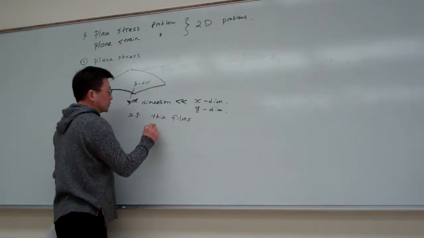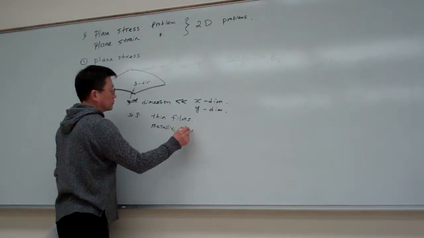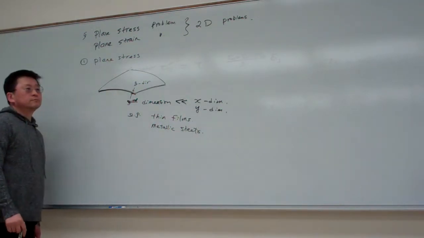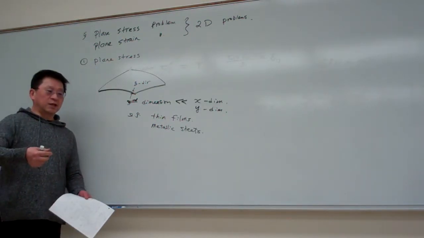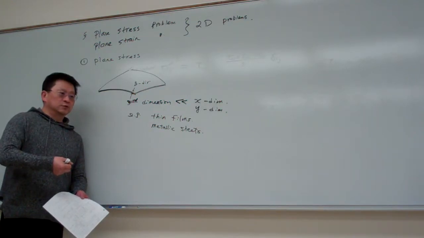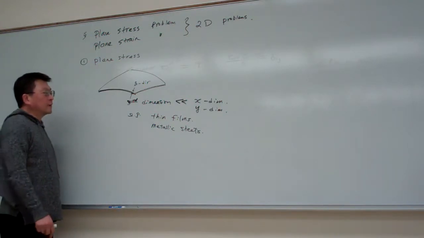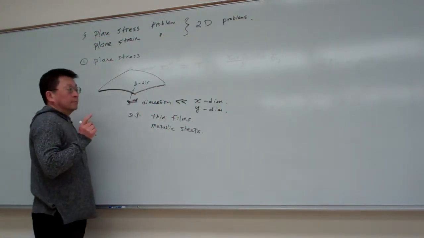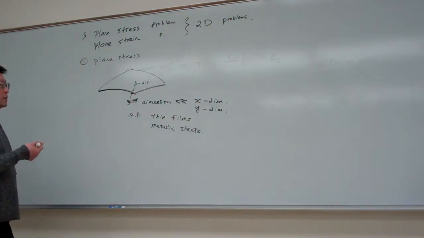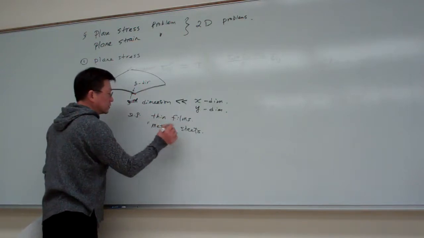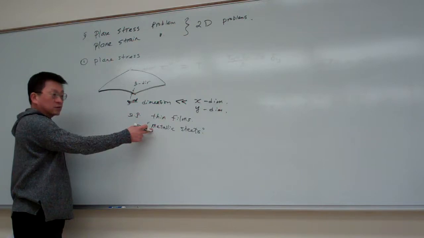And metal sheet, metallic sheet. Sometimes people have the metal sheet, then they punch it into an existing mold and form the things. In particular, this one is used quite a bit in finite element software.